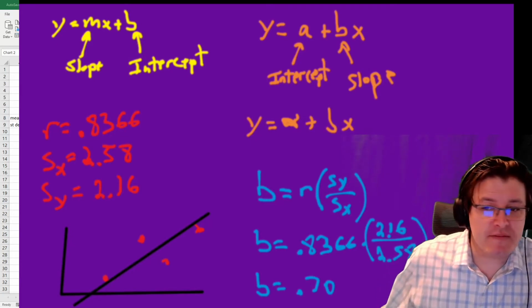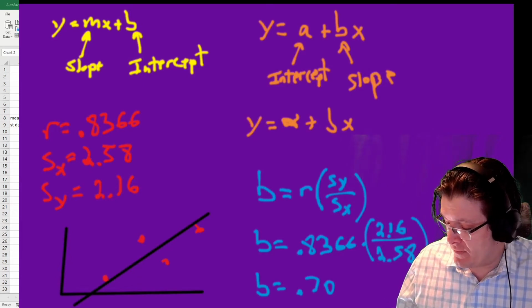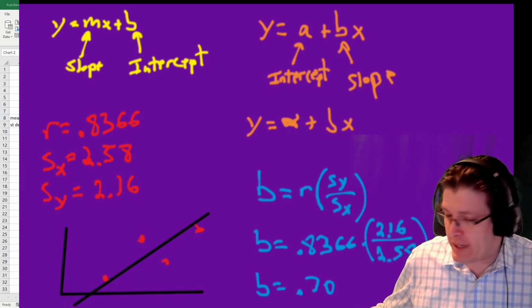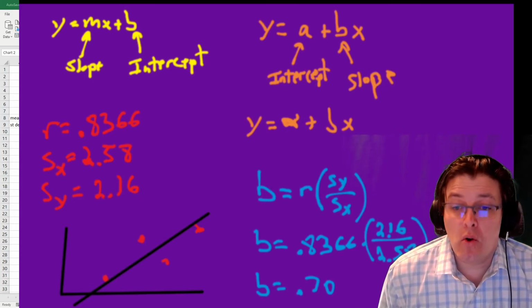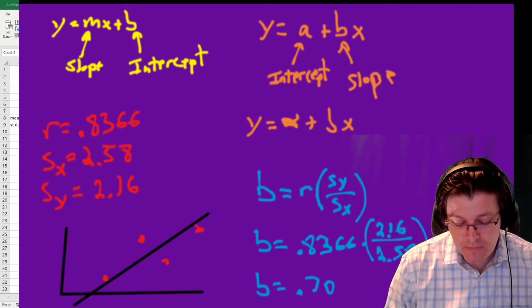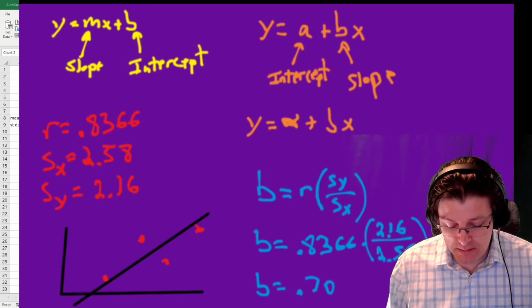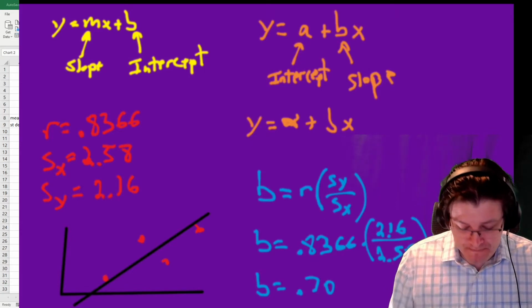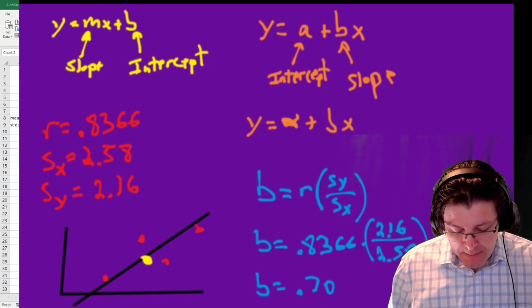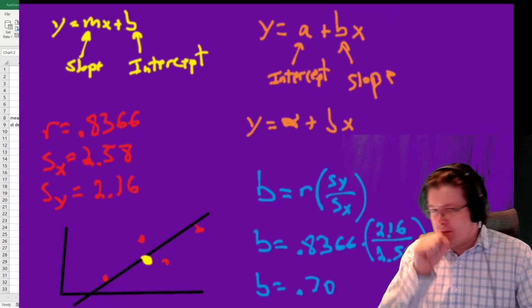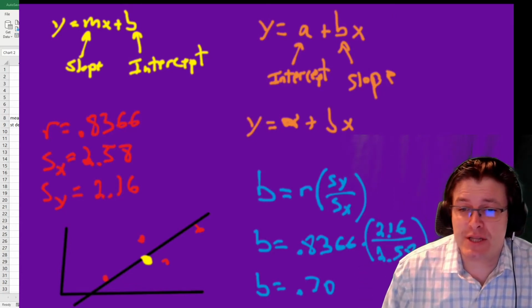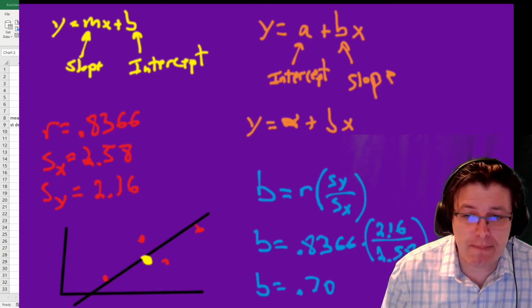Well, there's one other piece of information that I've kept secret from you if you haven't dug into the book yet, and that is when we're doing ordinary least squares, there's a quite handy result that falls out of it: the best fit regression line always goes through the mean point.